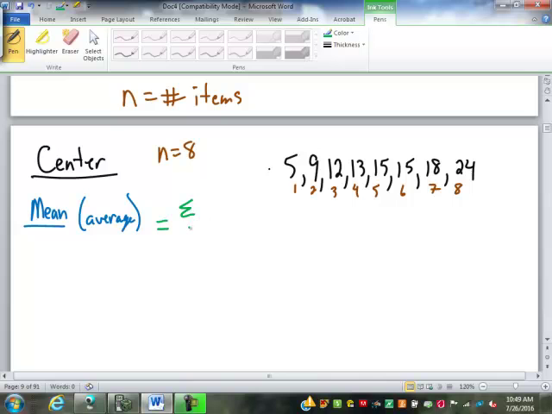This little symbol here, which looks kind of like an E, means add them up. I add up the values and I divide by n, by how many are there. So I'm going to do 5 plus 9 plus 12 plus 13 plus 15 plus 15 plus 18 plus 24, divided by 8. So what am I going to get there?